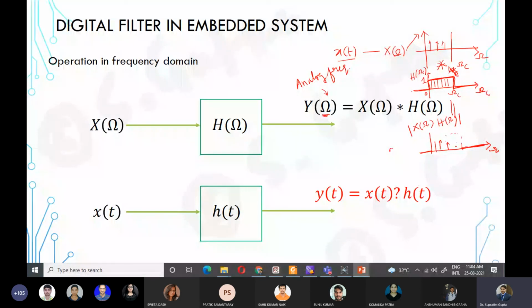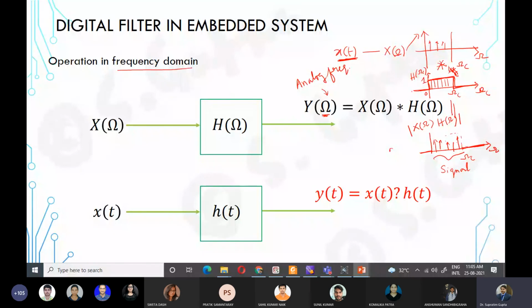What is our objective? This part is the signal which is passed with its own amplitude, because this value is 1, and beyond omega c all values are zero. So essentially this is filtering in the frequency domain.